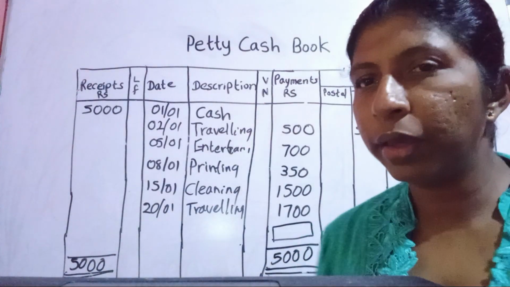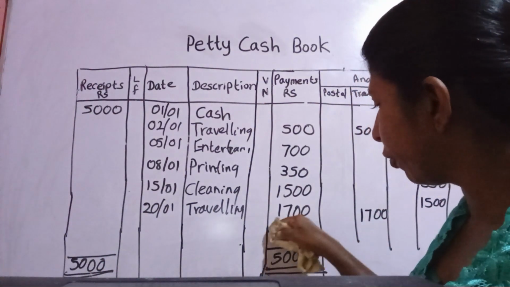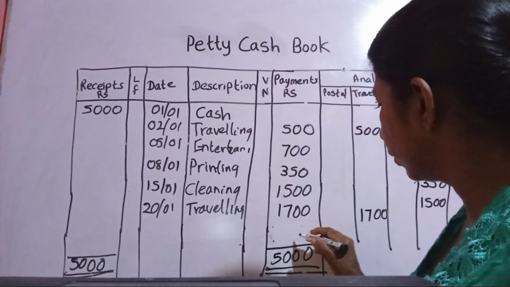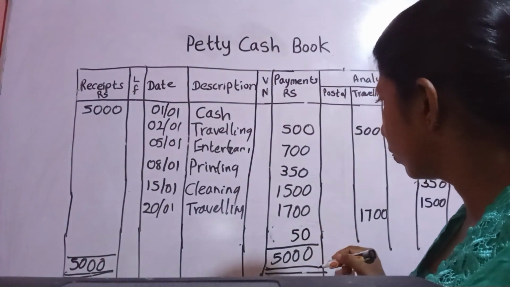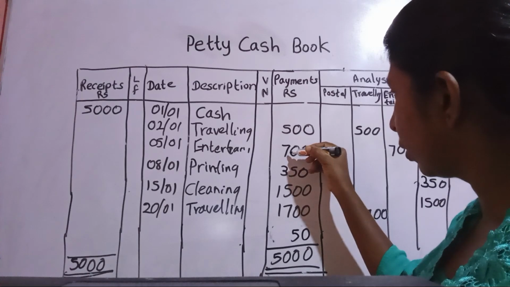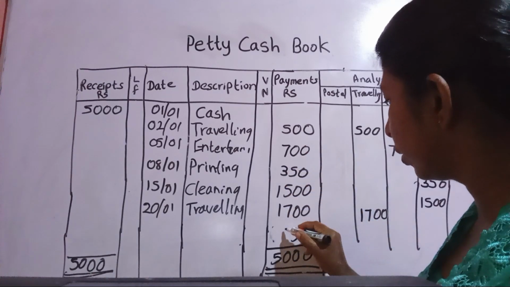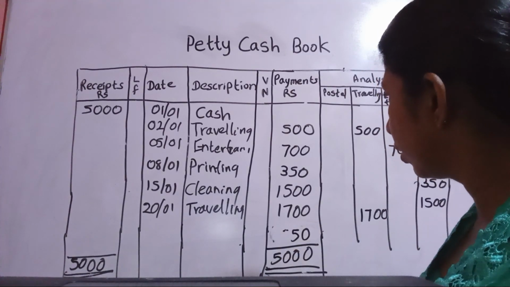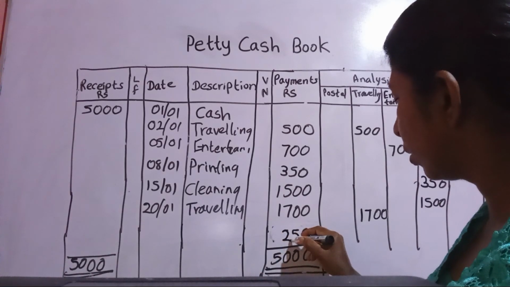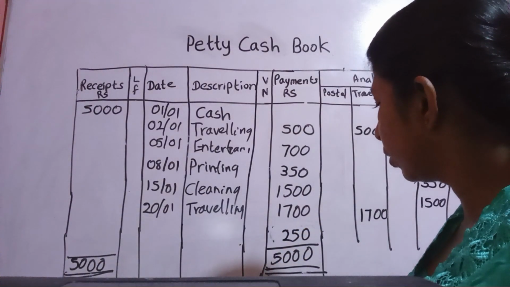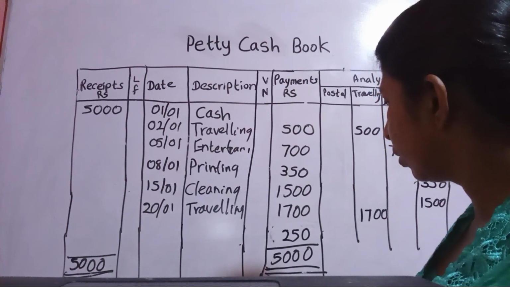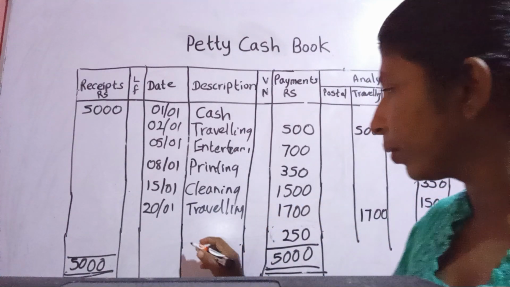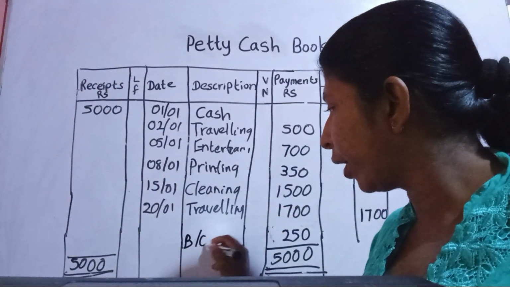Here I have to calculate the balance of this petty cash imprest. It comes to 250.